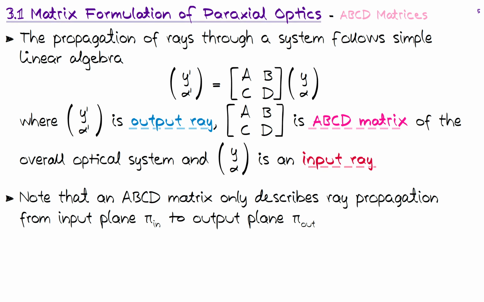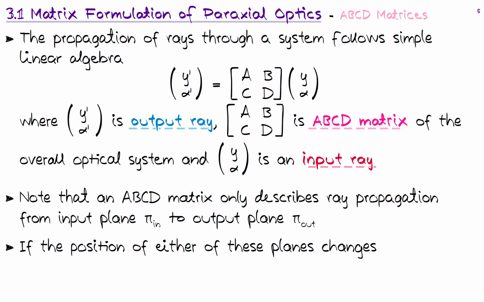For that, we would need to do a little bit more, for example, use these kind of matrix vector multiplications to build the propagation of the ray in small infinitesimally thin slices of material. But in this usual formalism, we can only calculate how the ray gets transformed when it's transmitted through the system. As such, this matrix vector multiplication says nothing about how the ray propagates in between these two planes.